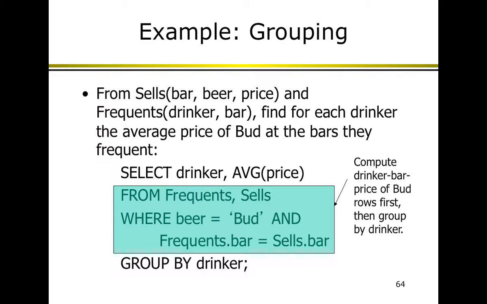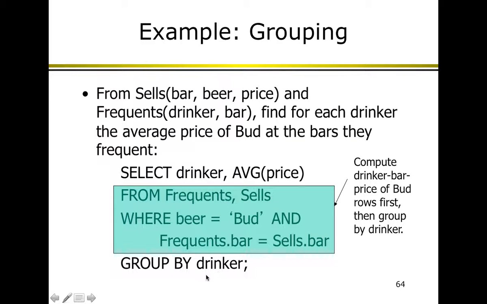So here's another example. We have sells and frequents. Find for each drinker the average price of Bud at the bars they frequent. So average price from drinker, from frequents, comma, sells. And we just added a little bit of logic down here where the beer is equal to Bud and frequents.bar is equal to sells.bar.